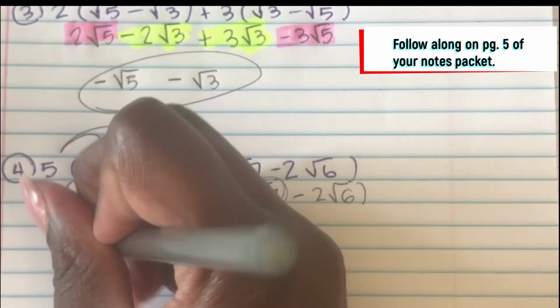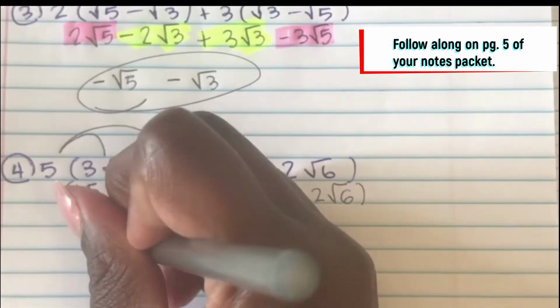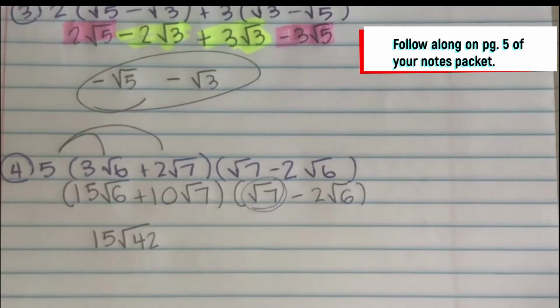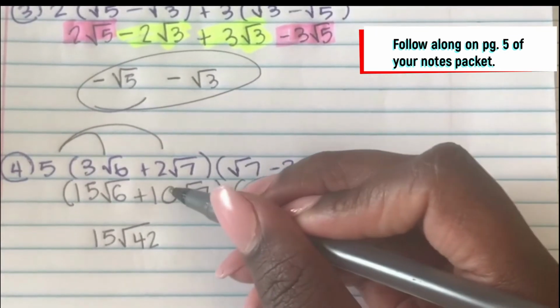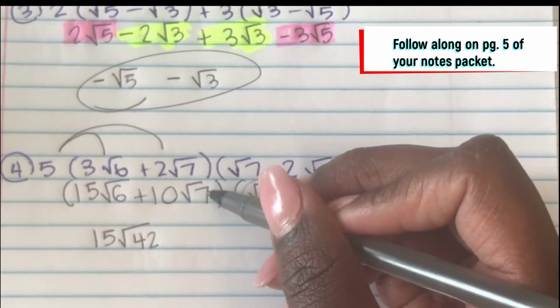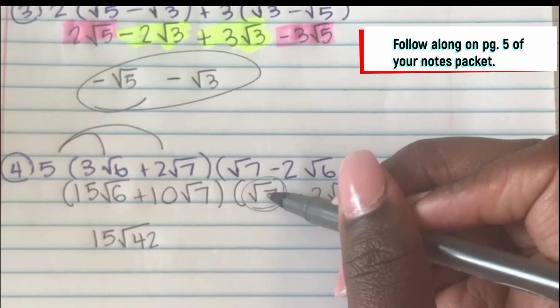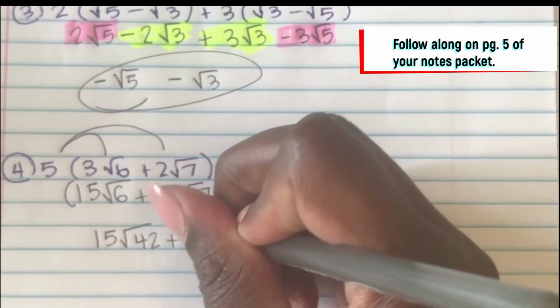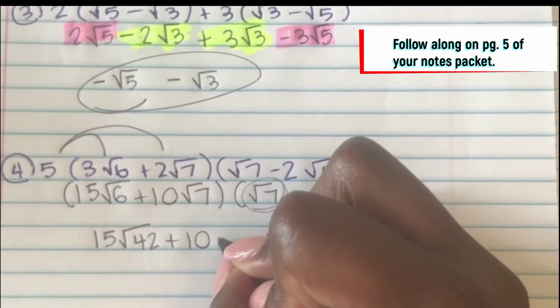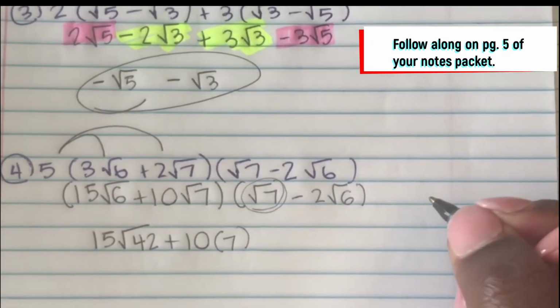That's going to give us 15 times the square root of 42. All right, next we're going to do 10 square root 7 times square root of 7. That's going to give us 10 square root of 49, which is just the number 7.